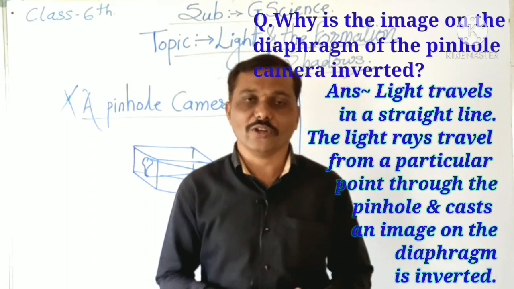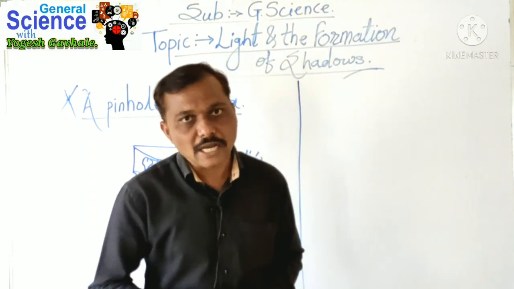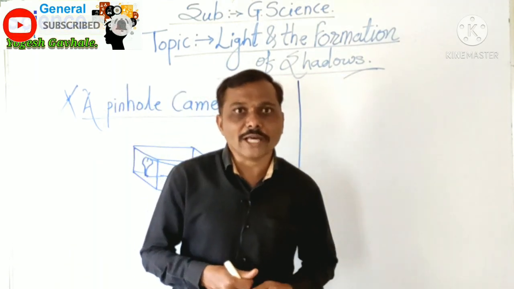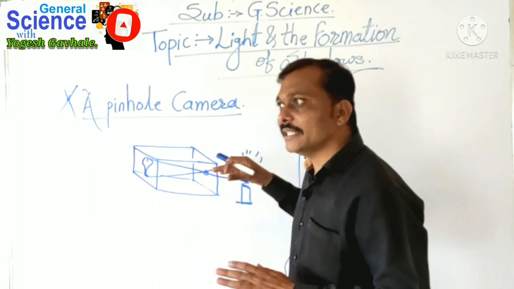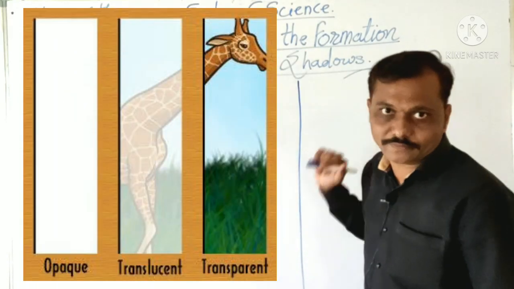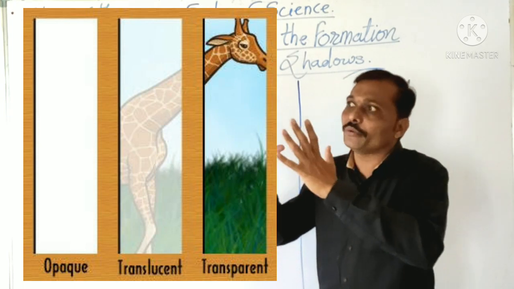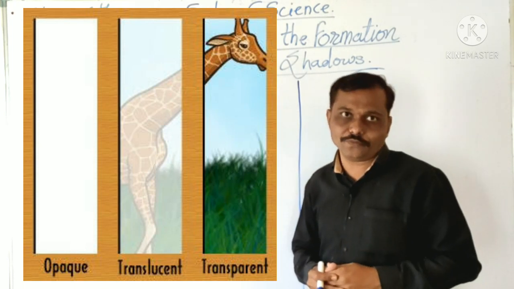That's it. Okay, so now we will see another point. Do you know that we can't see the things behind the wall? We can see the things through the glass pane of the window.